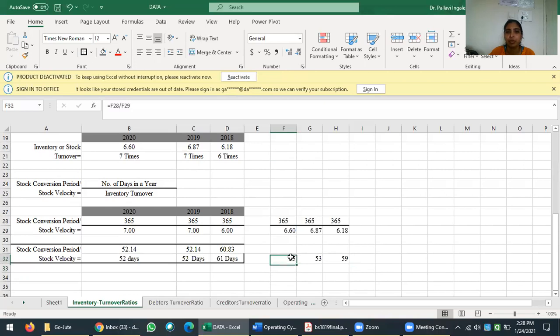And 55 days, 53 and 59. See, only 2-3 days of difference we are getting. Otherwise, there are no more differences. Okay, that's why I said you round up here itself. That way is better, to avoid the confusions.